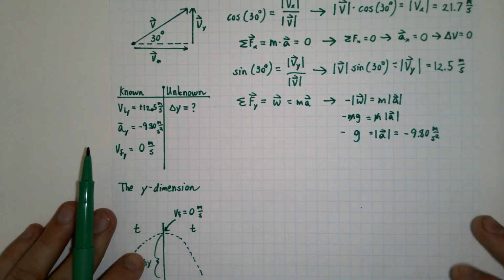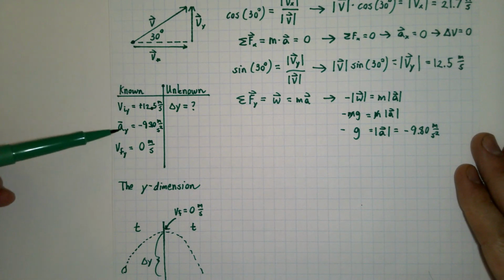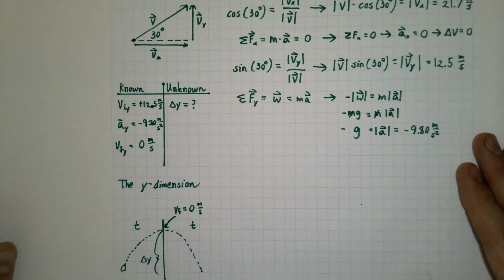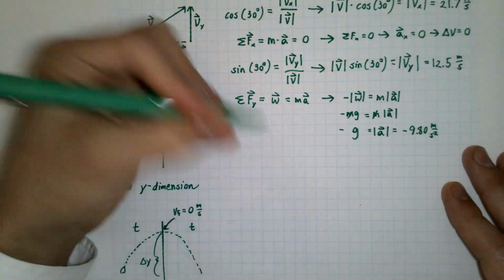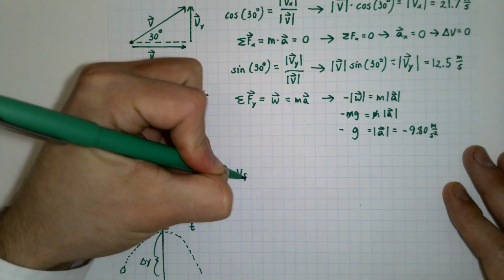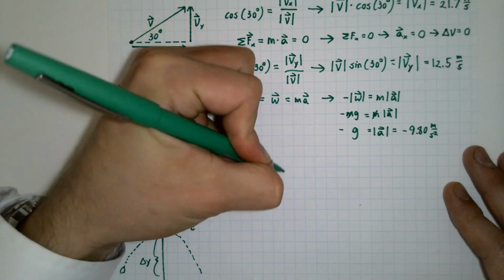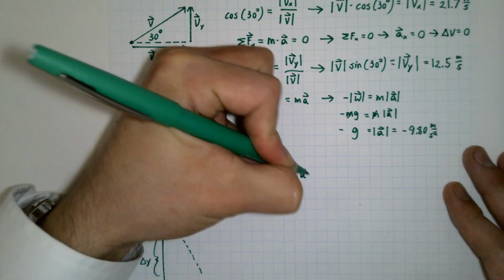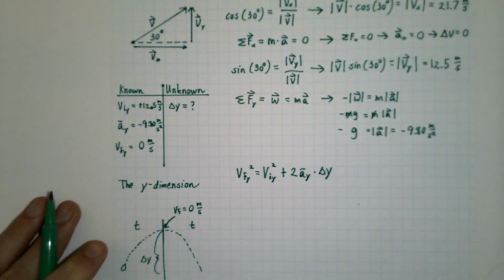All right. What is our kinematics equation that we can use to relate initial velocity, acceleration, final velocity, and displacement, in this case displacement in the y dimension? That equation for us would be the final velocity in the y dimension squared equals the initial velocity in the y dimension squared plus 2 times the acceleration in the y dimension times the change in position of our object in the y dimension.